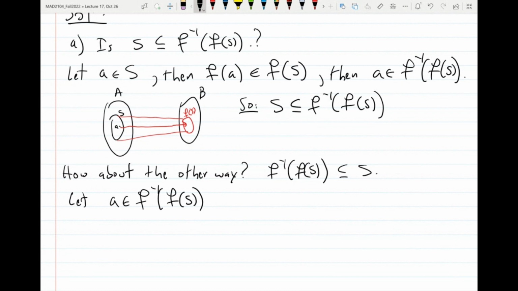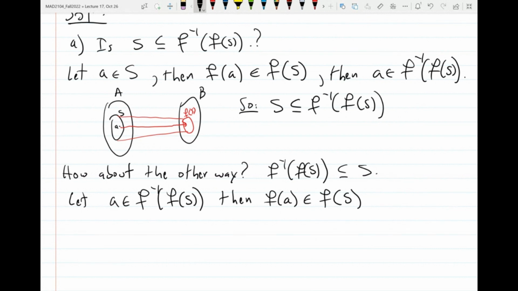If A is an element here, what does that mean? By definition of inverse image, it means that if I do f of A, where does it go? It goes to the image of S, right? So what this is telling me is that the image of A lands in here.